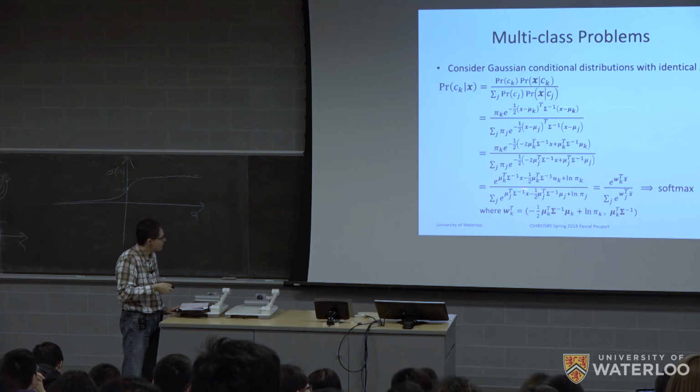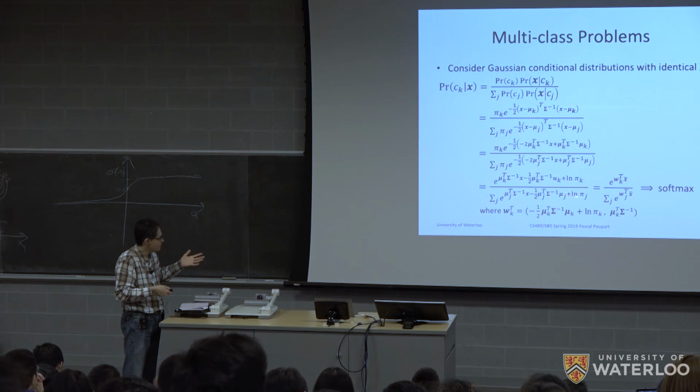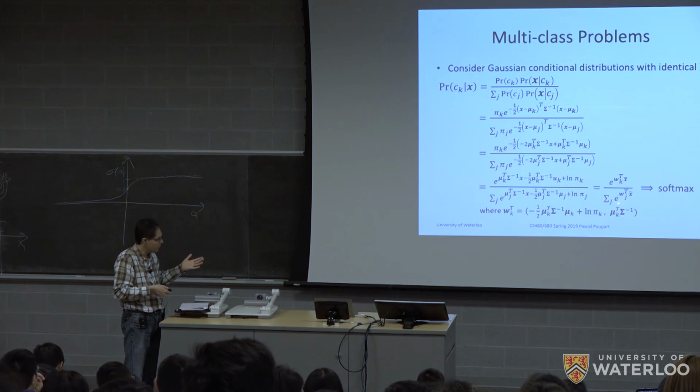We notice that the numerator is again a linear expression in x for the exponent. So that's what I wrote down here. And then the denominator is very similar, a linear expression in x, but then there's also a summation with respect to all the classes j. So that's what we get for the posterior.